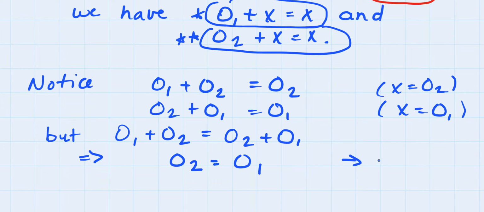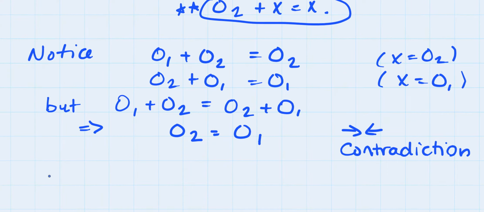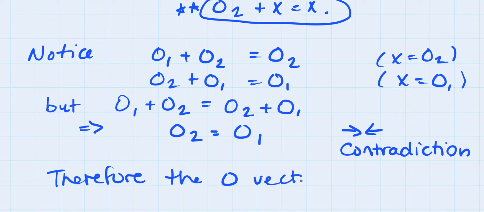So now we have a contradiction, because we were assuming that there were 2 vectors that had this property. Now we've shown that there's only one. So therefore, the 0 vector is unique.